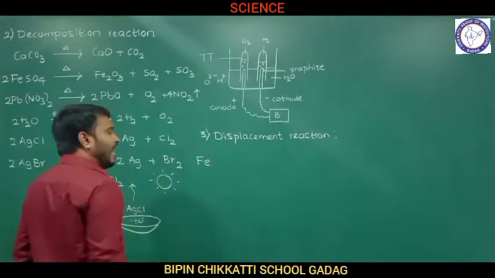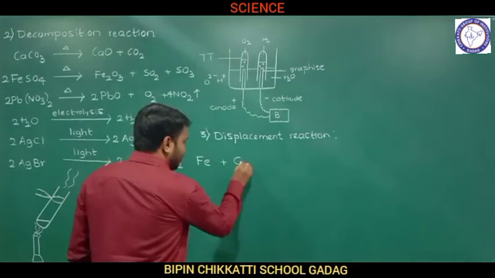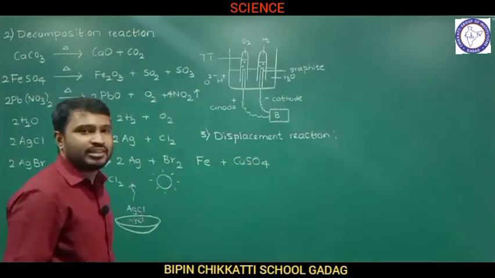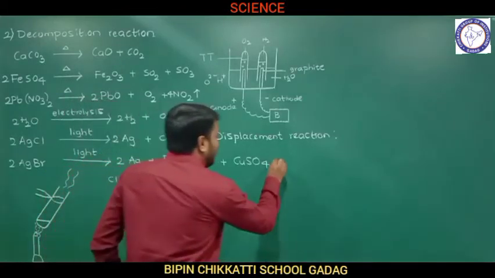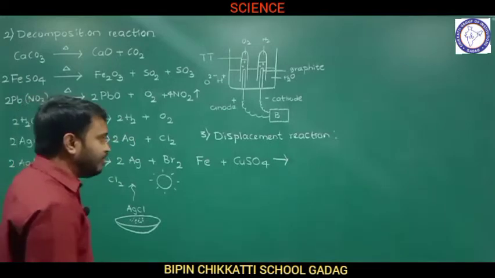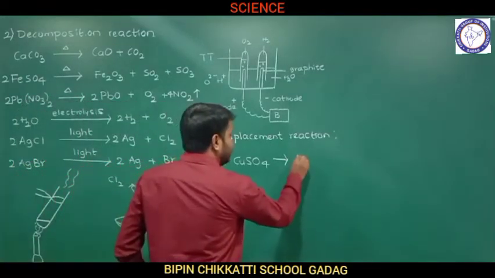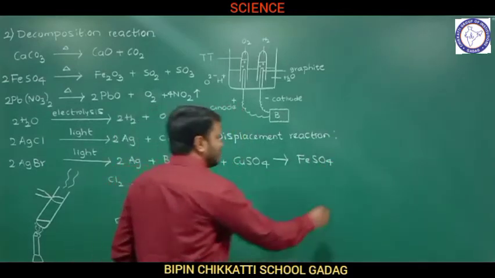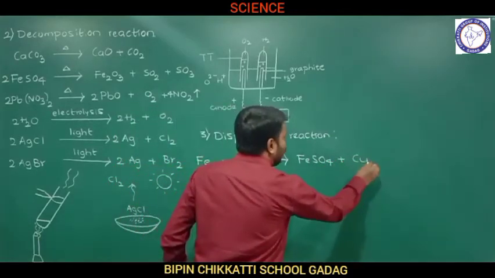If you consider iron, the metal, and CuSO4, copper sulfate, and react iron with the copper sulfate, the products we get are FeSO4, iron 2 sulfate or ferrous sulfate, and copper metal.